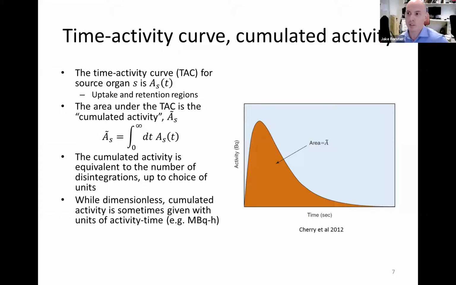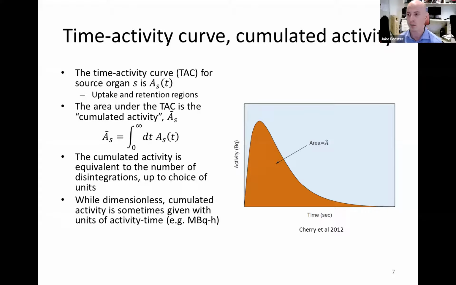Let's look a little bit more into the biokinetic data. So this is the number of decays or the number of disintegrations in the source organ. How do we get that value in practice? For this, I'd like to introduce this quantity called the time activity curve, or the TAC. The time activity curve for a source organ S, we'll call it just A_S, and it's a function of time.